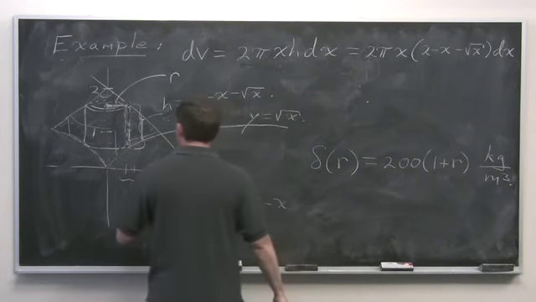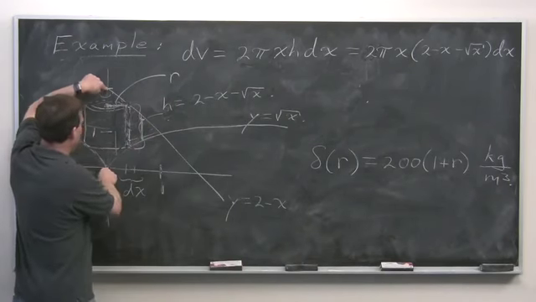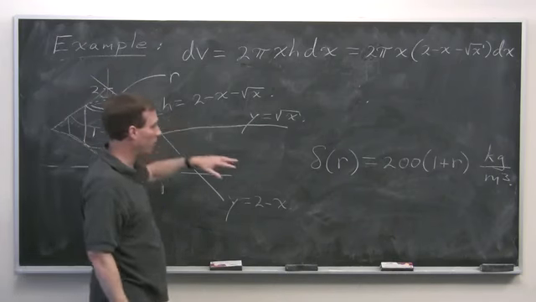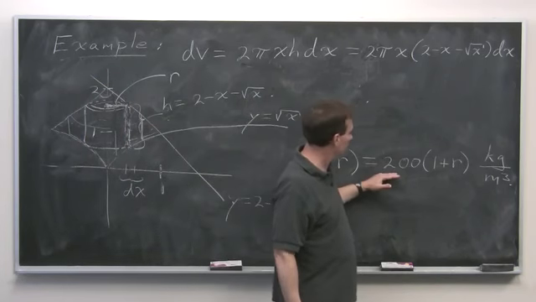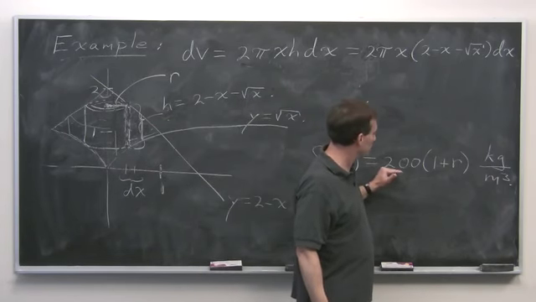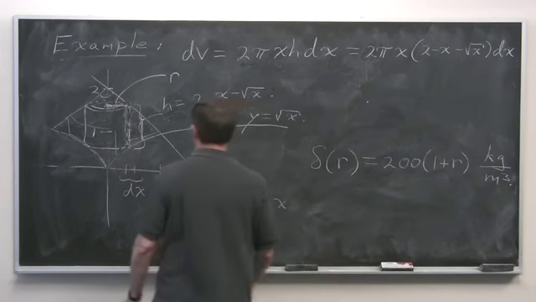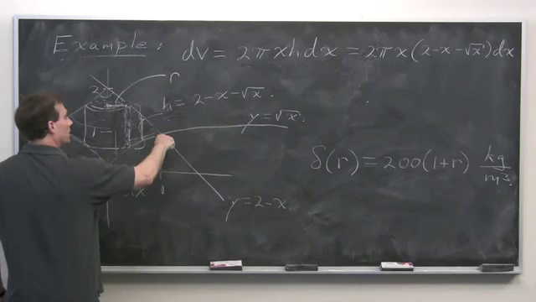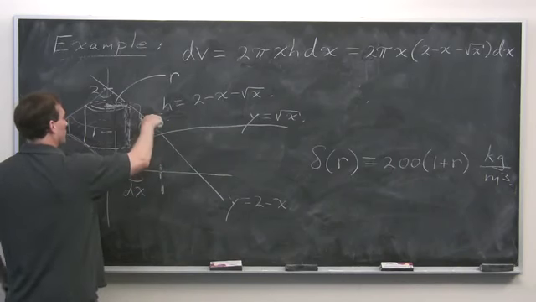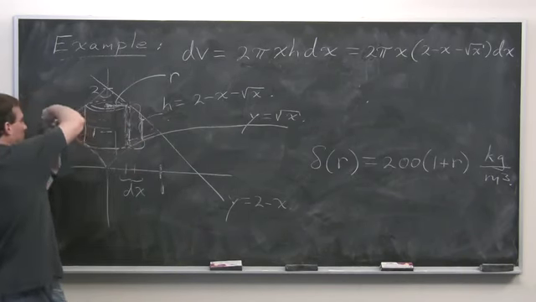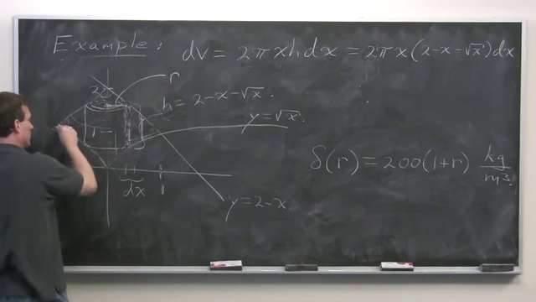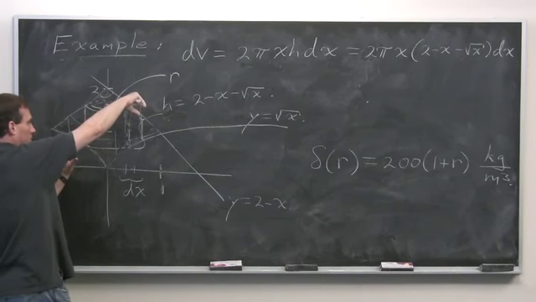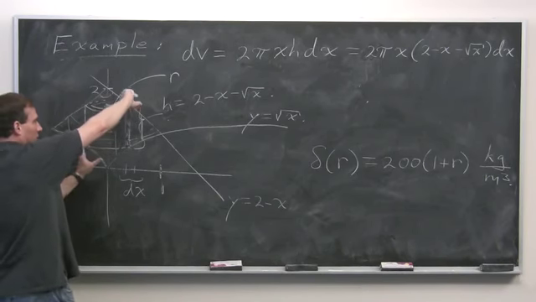And so what this means is when you're right at the axis of revolution, so that r is 0, the density along points there is 200 kilograms per cubic meter. As you get out here where you're a distance of 1 away from the axis of revolution, you should picture this as some kind of circular top-looking thing.